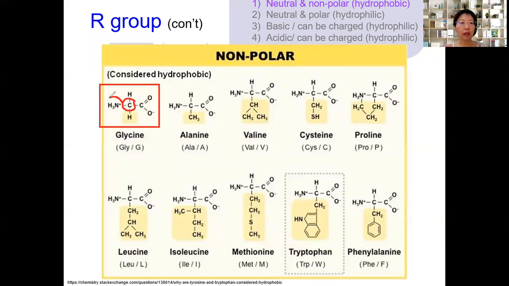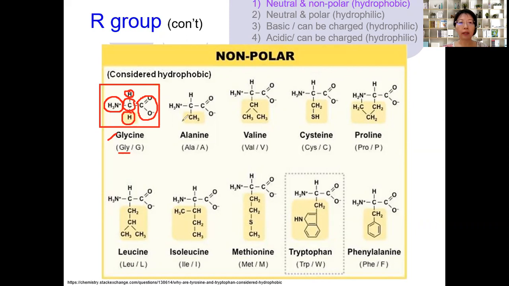This is the amino group, and this is the carboxylic acid group. Now this is the R group here, and this is the H, right? Now this R group is an H. So the amino acid with the R group H is called glycine. GLY is the three-letter abbreviation of glycine. Abbreviation means the short form, okay?